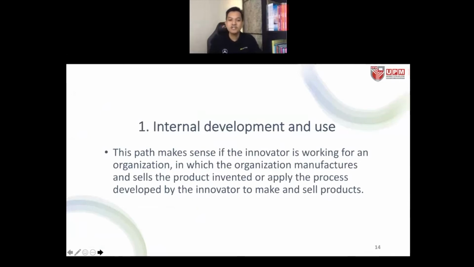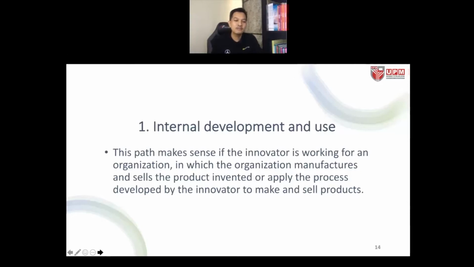All right, so this path makes sense if the innovator is working for an organization. For example, me myself, I'm working with UPM, and me and my team try to come out with an improved process for student admission, for example, right?